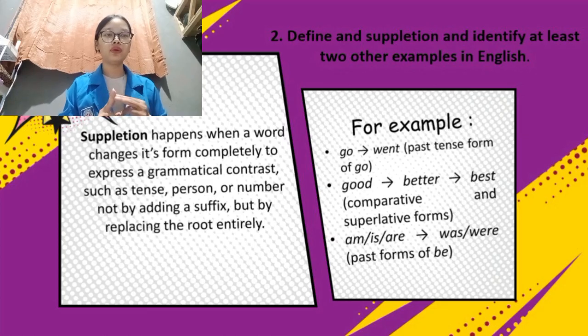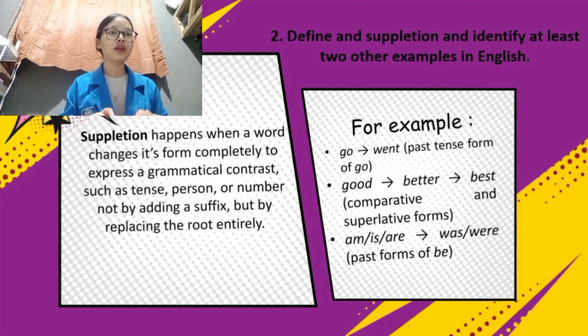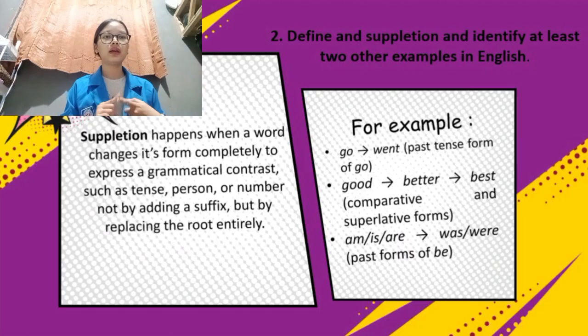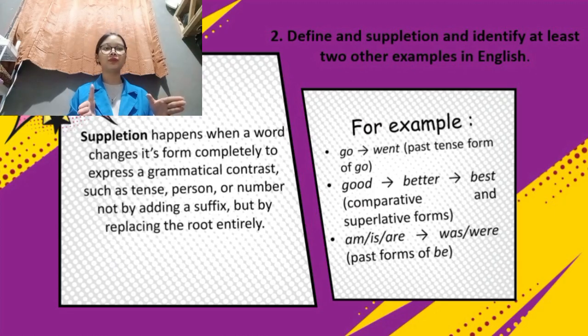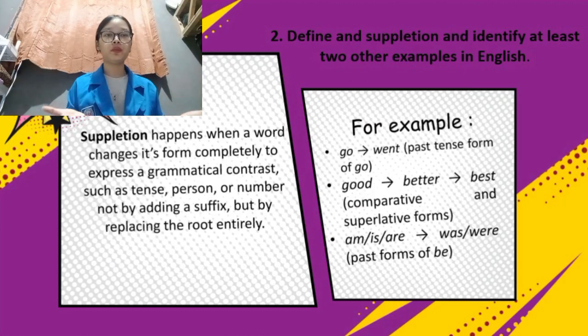Second, we have good becomes better, best, the comparative and superlative forms. And am, is, are become was or were, as the past forms of be.